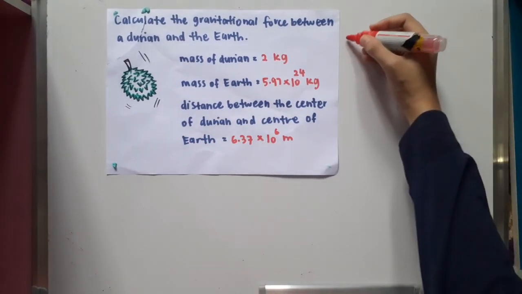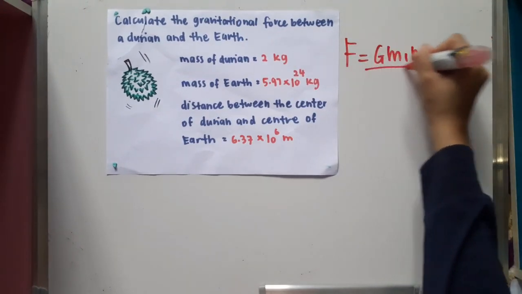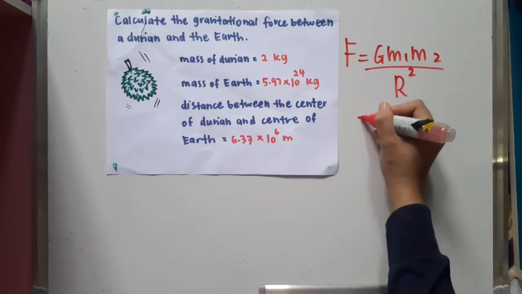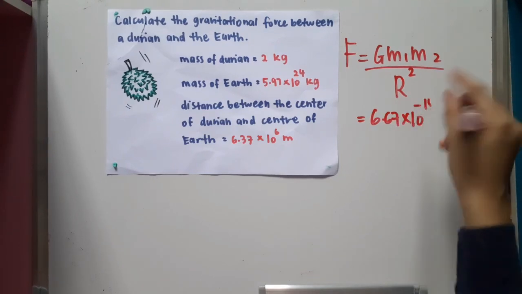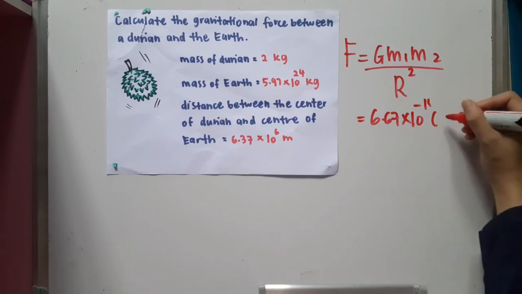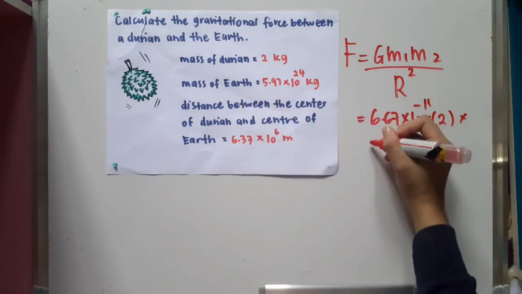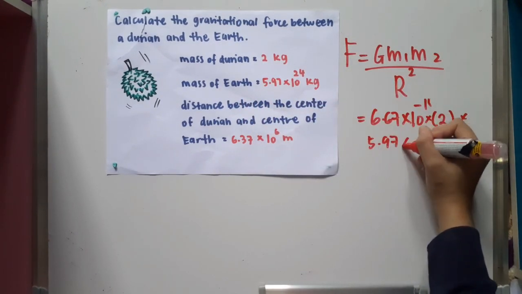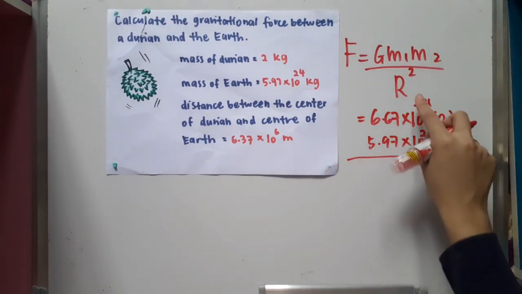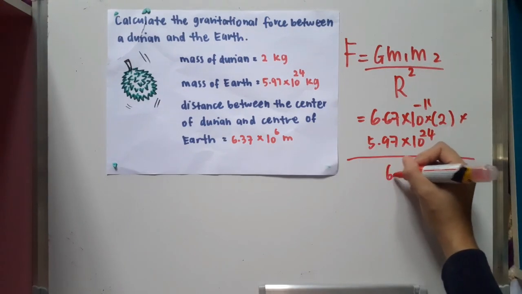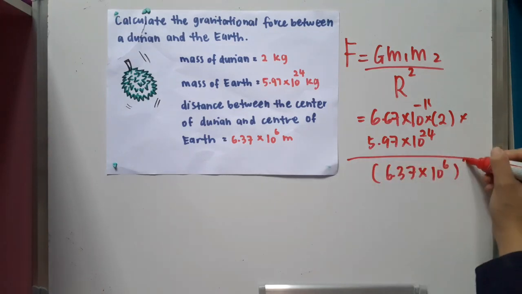So by using this formula, F is equal to G m1 m2 divided by capital R square, we have 6.67 times 10 to the power of negative 11, which is constant G, times m1, 2 kg, times the mass of Earth, 5.97 times 10 to the power of 24, divided by capital R square, which is 6.37 times 10 to the power of 6 square.